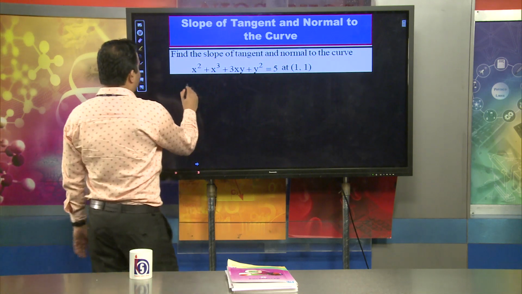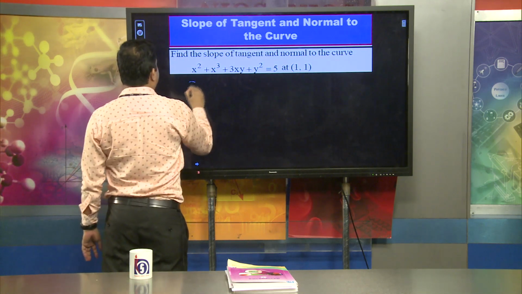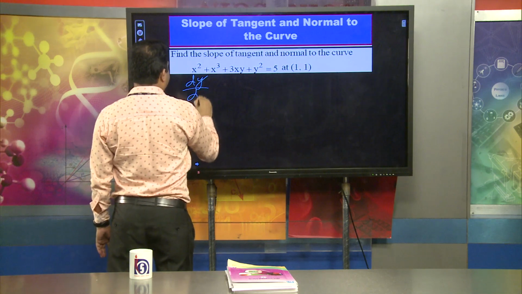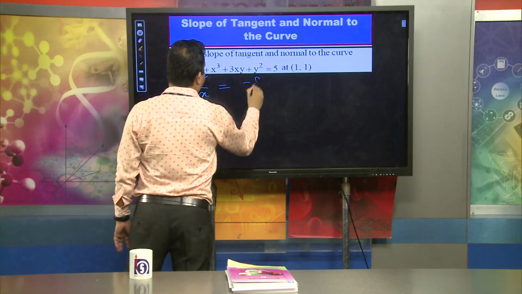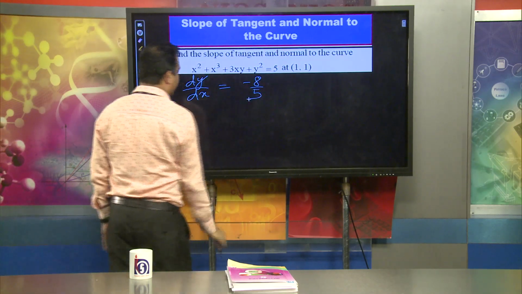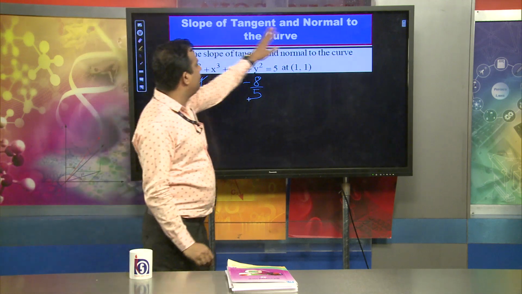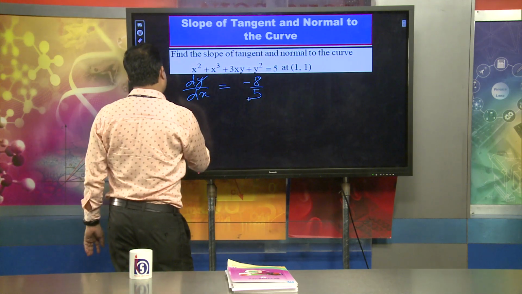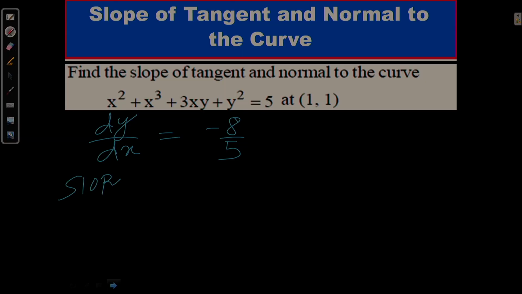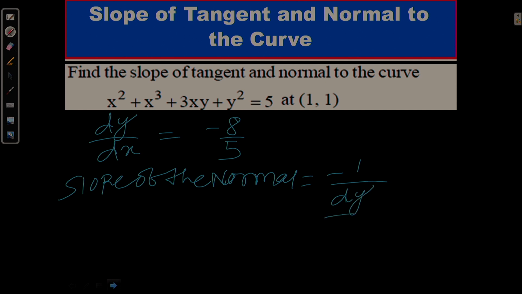Dear learners, we have already got dy by dx equal to minus 8 by 5. When talking about the slope of the normal, that means minus 1 by dy by dx.